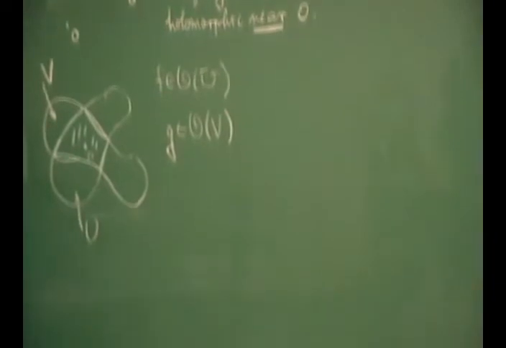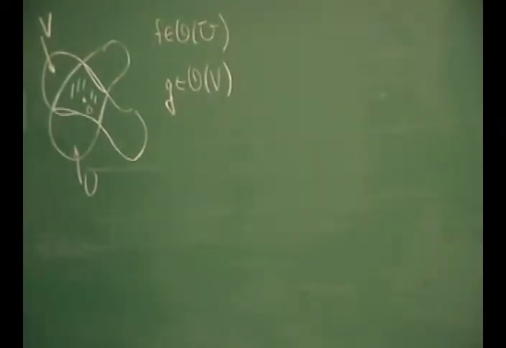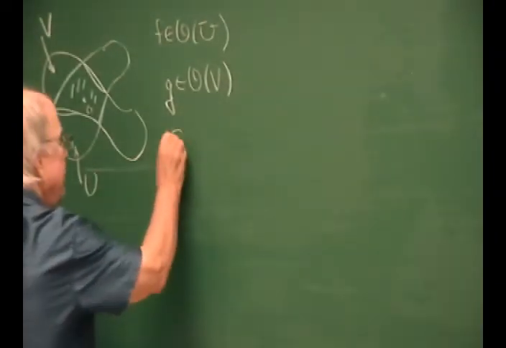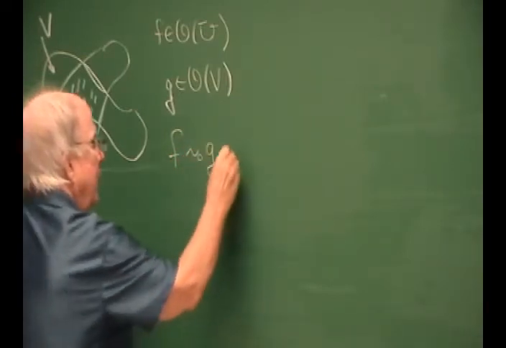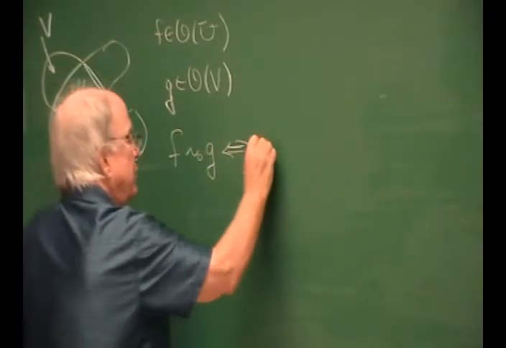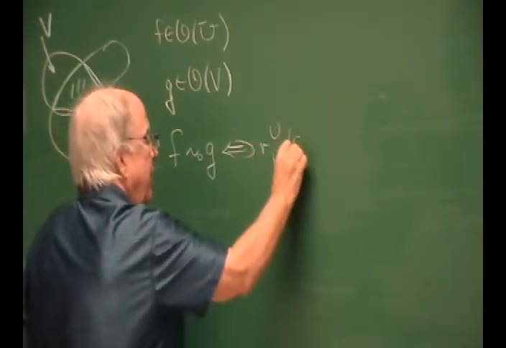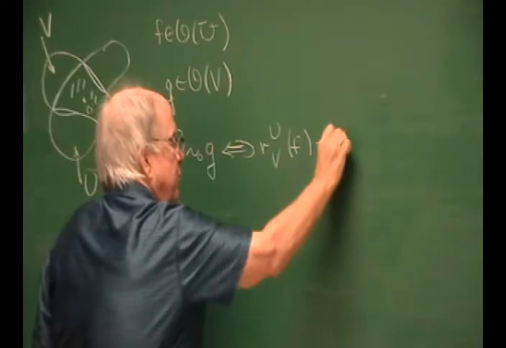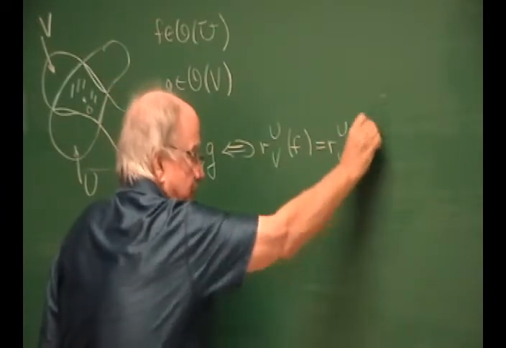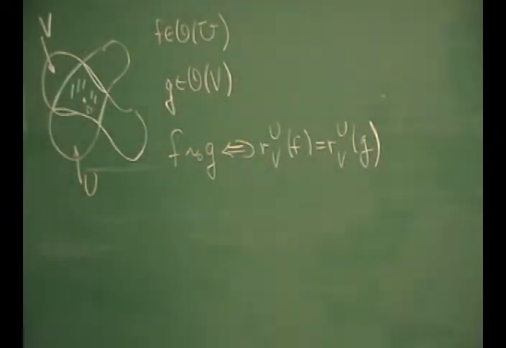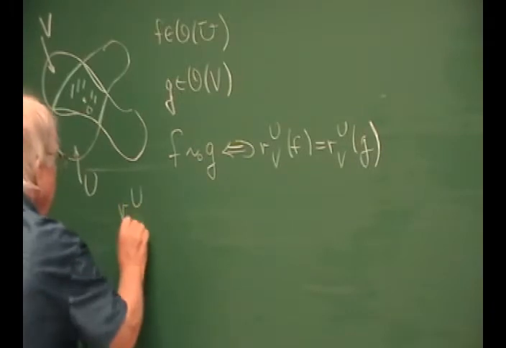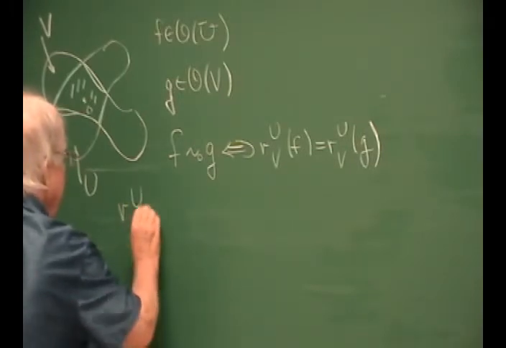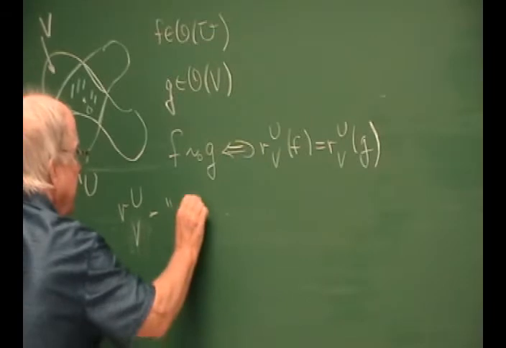And we say that F and G are equivalent at 0 if and only if the restriction from U to V of F is equal to the restriction from U to V of G. I'm being very pedantic here about what that means. R, U, V means restriction from U to V.